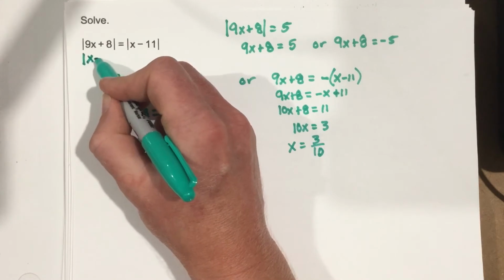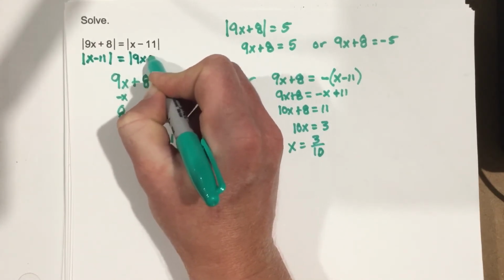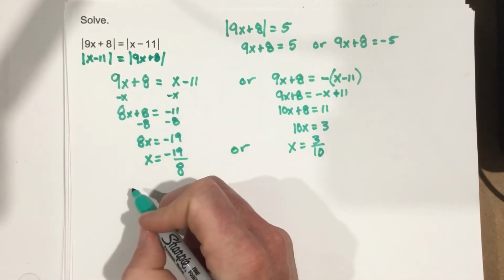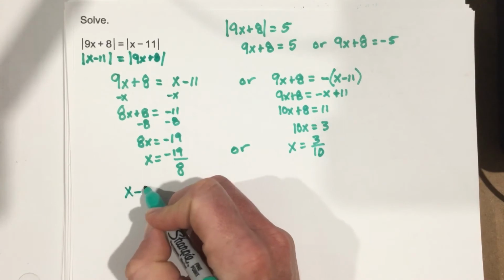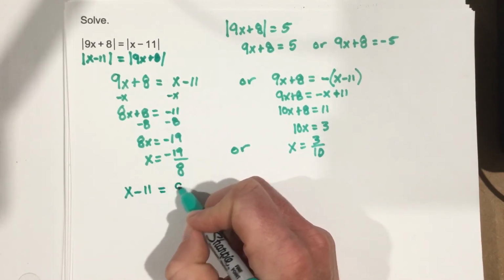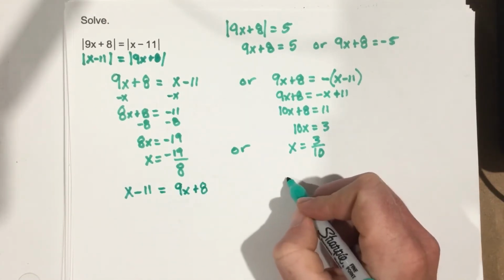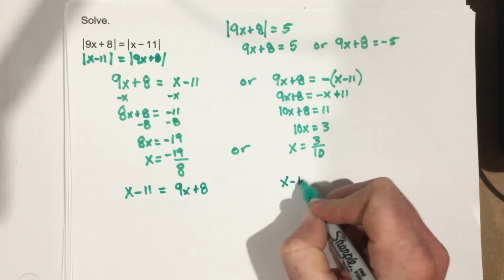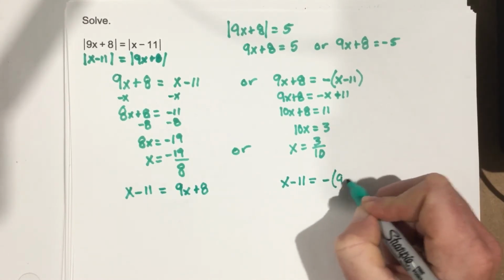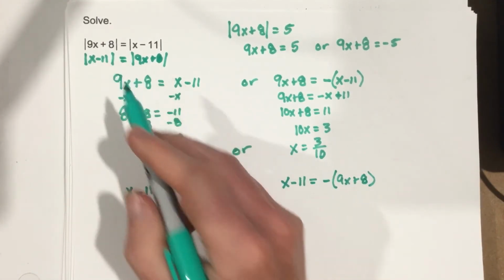Let's say the absolute value of x minus 11 equals the absolute value of 9x plus 8. In that case, we would write this as x minus 11 equals positive 9x plus 8. And then x minus 11 equals negative 9x plus 8. So I'm giving you the other way we could have gone with this.